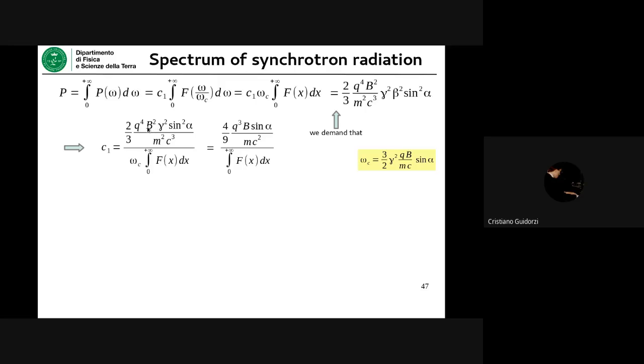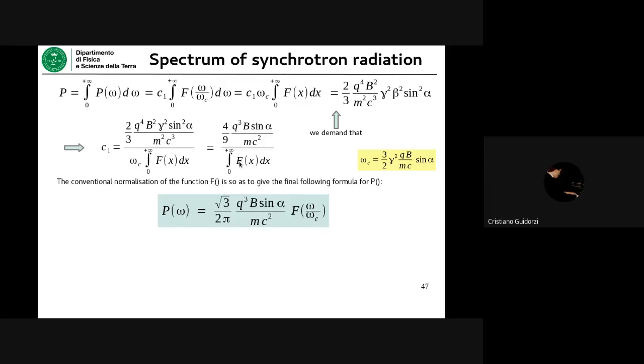Here, b squared over b, you are left with b. Here you have q to the fourth power over q, so q cubed, and sine squared over sine, just sine. And what I didn't tell you is the nature of this capital F function.